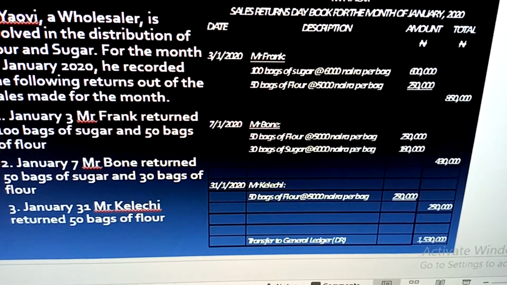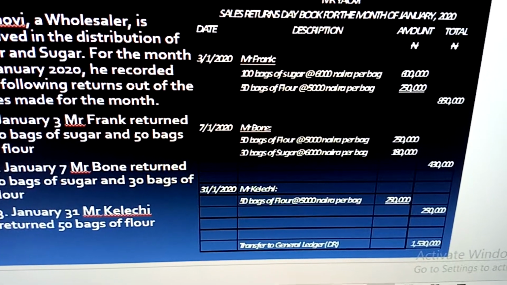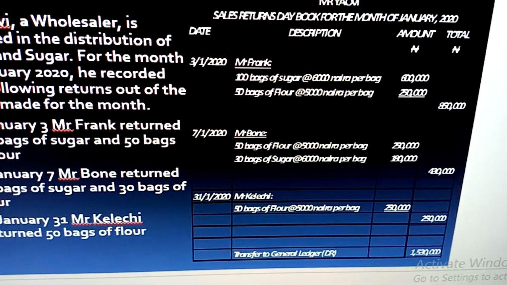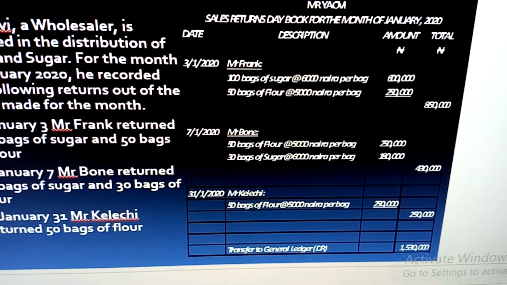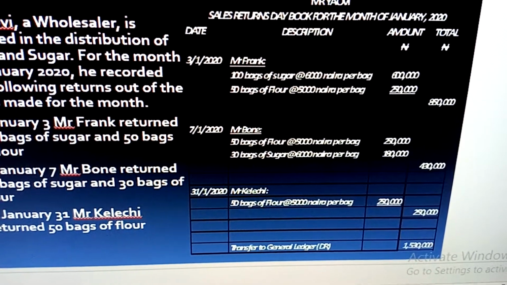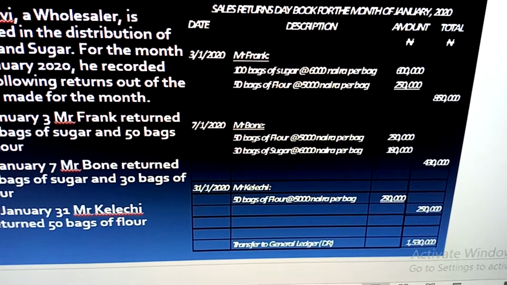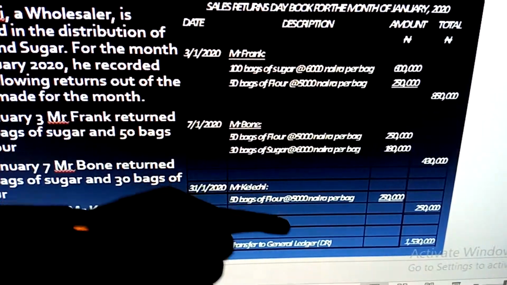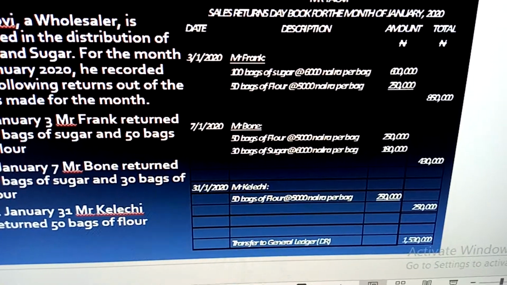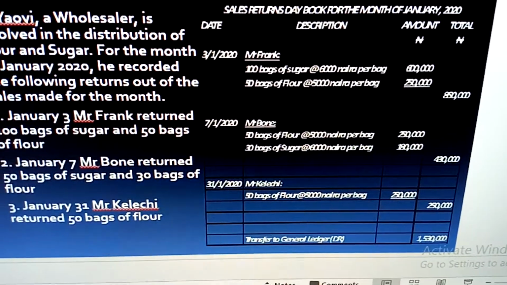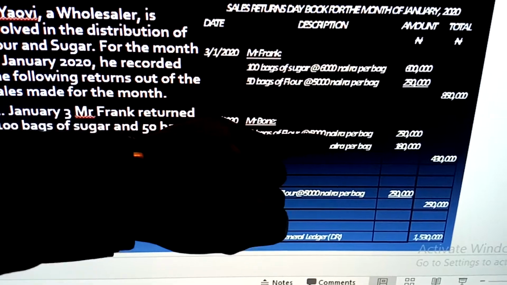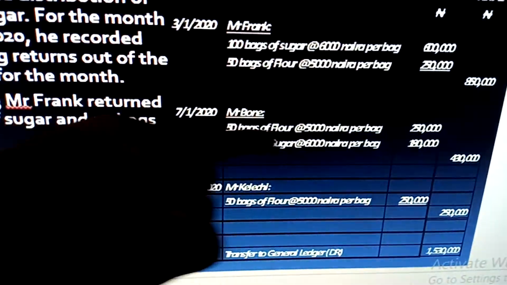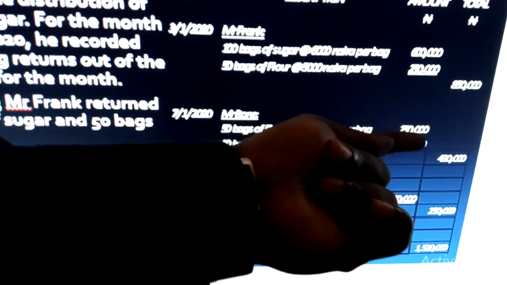On the 7th of January, Mr. Bone returned 50 bags of sugar and 30 bags of flour. We must also recall the cost at which the products were sold. After establishing that, we can go ahead and record it in the book. So we have 7th of January 2020: 50 bags of flour at 5,000 naira per bag, so 50 times 5,000 is 250,000.